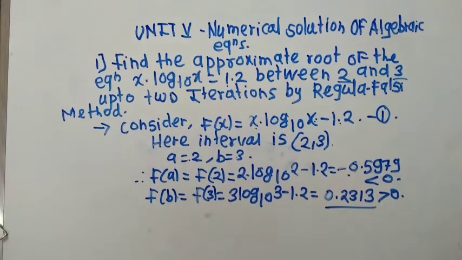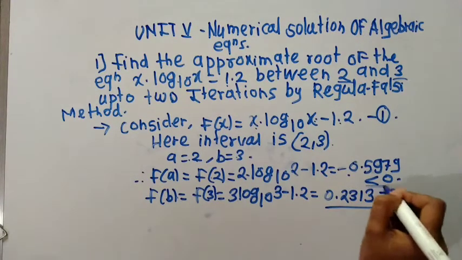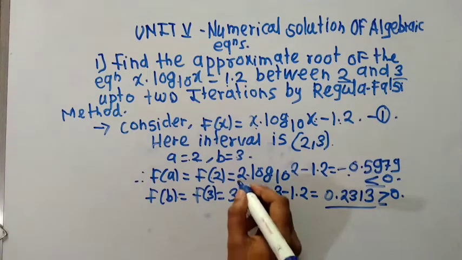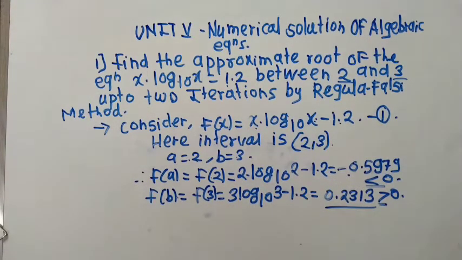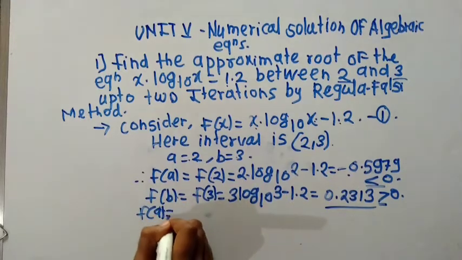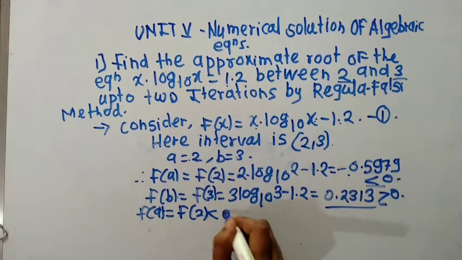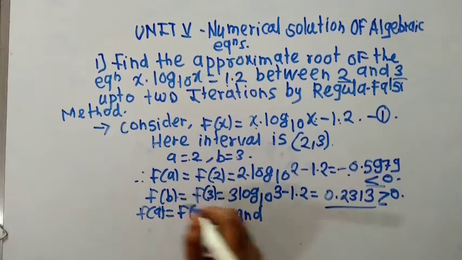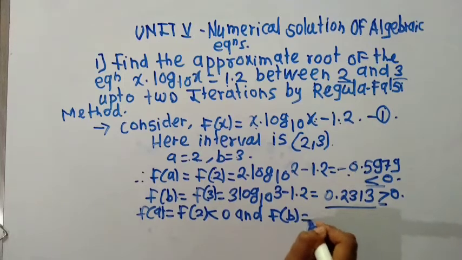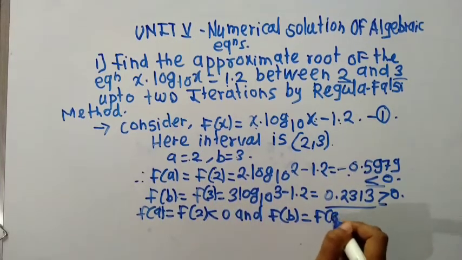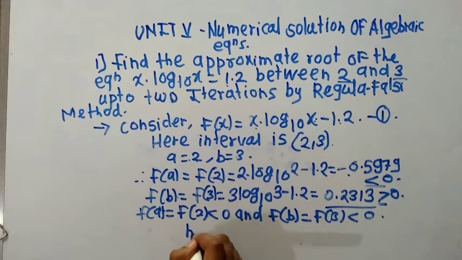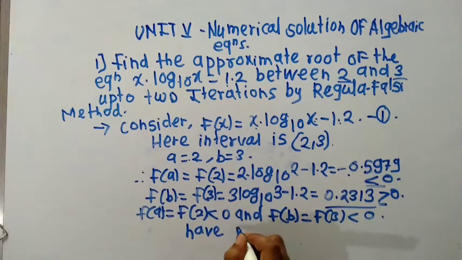So these are less than 0 and greater than 0, which means they have opposite sign. So f of a is equal to f of 2, which is less than 0, and f of b is equal to f of 3, which is greater than 0, have opposite sign.